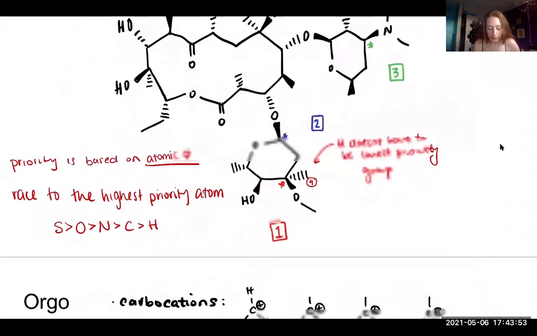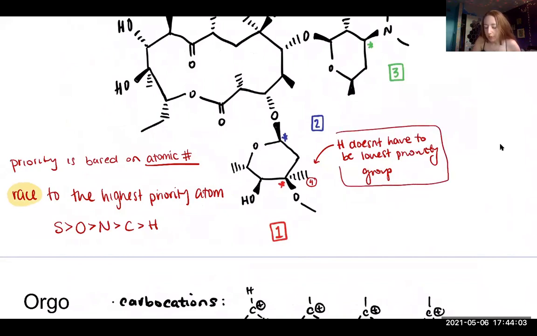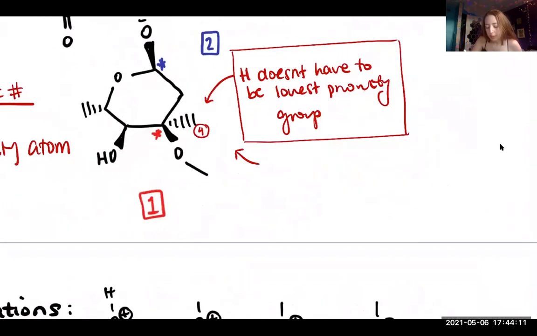So I talked about priorities and how this is a race, a race to the highest priority group. And I talked about how hydrogen doesn't need to be the lowest priority group, but we need the lowest priority group in the back.